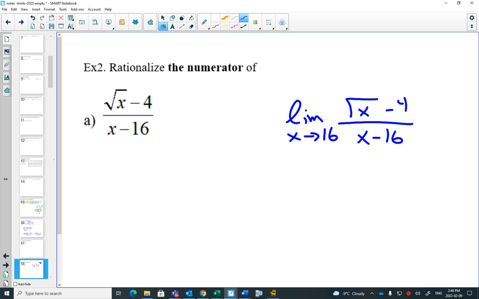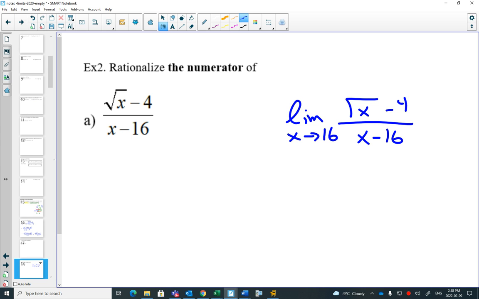And we have a problem, because if you think about putting in 16, you'd divide by 0. Does that make sense? And if you put in 16 in the numerator, you also get 0. And the last time I checked, 0 divided by 0 is something quite complicated in mathematics, right?